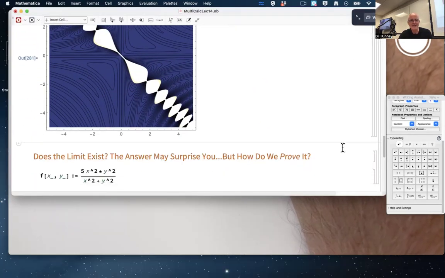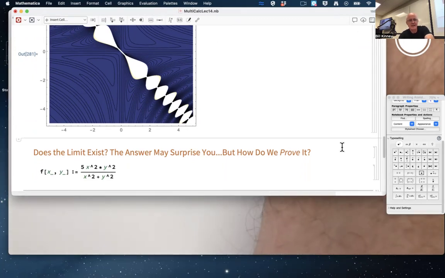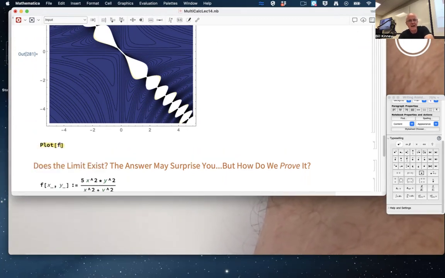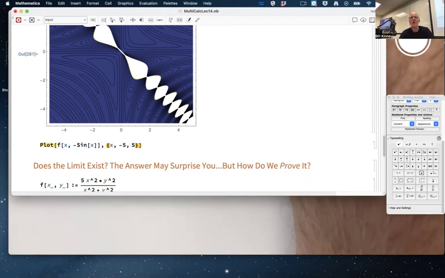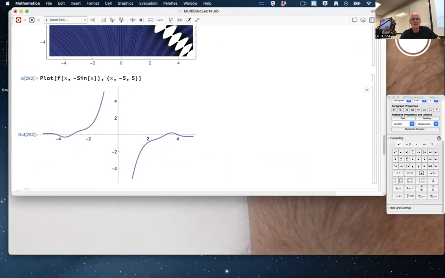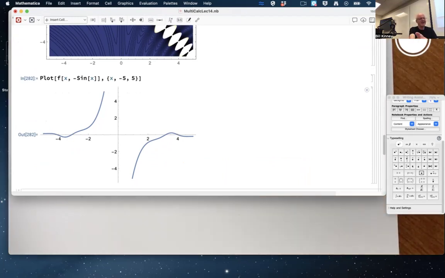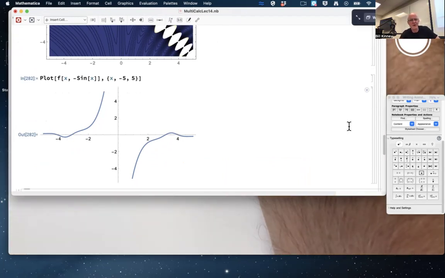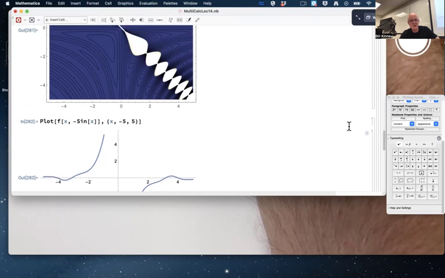Probably the best way is to just graph, as an ordinary plot, the plot of f of (x, negative sine x) near 0. That's probably the best way to believe it. Ordinary graph. Yeah. Looks like vertical asymptotes. How do you relate this ordinary graph to the higher dimensional graph? It's tricky.